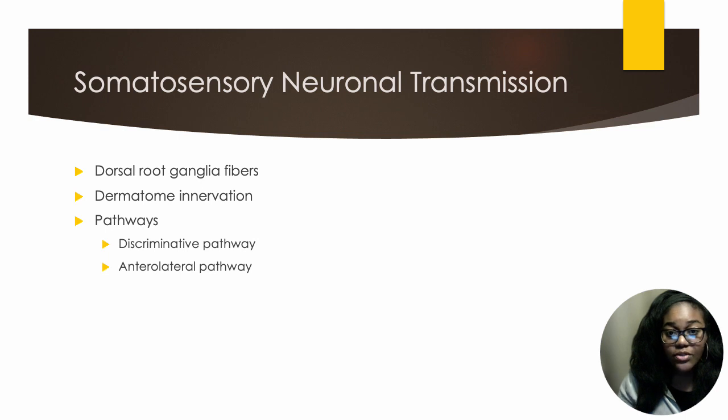We have two different pathways that help to do that. The first pathway is called the discriminative pathway, and this is very specific. It helps communicate sensory information, including touch and spatial orientation, versus the anterolateral pathway, which basically does everything that's not requiring specific location of the origin of the stimulus. This differs from your discriminative pathway because it's not necessarily specific.